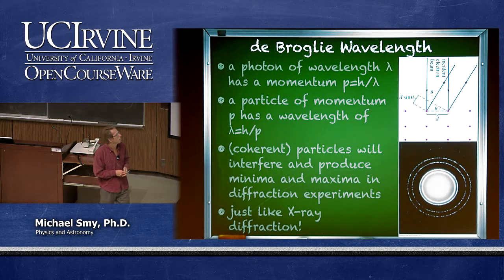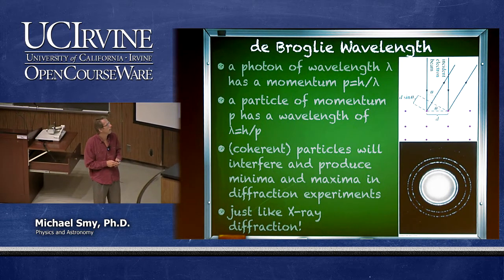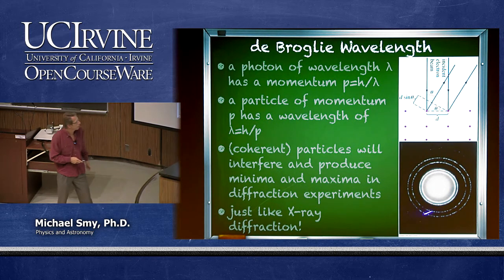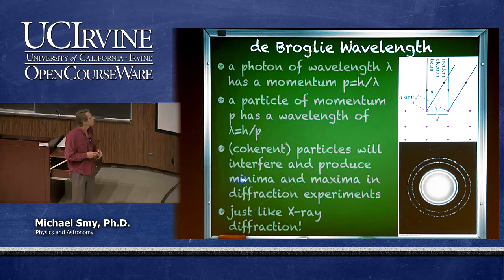Then we can formulate a diffraction or interference criterion where we observe maxima and minima based on what angle we observe them. And we can do that experimentally and create a diffraction image that looks very, very similar to the diffraction images of X-rays. So as long as the particles are coherent, they have a wave nature as well.